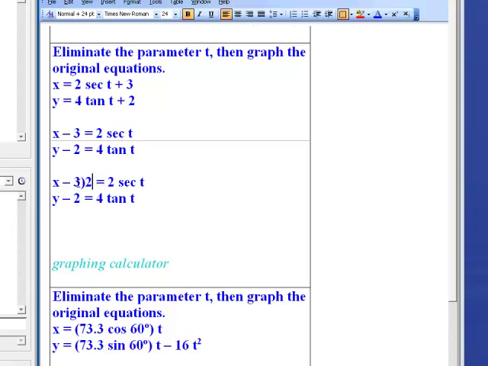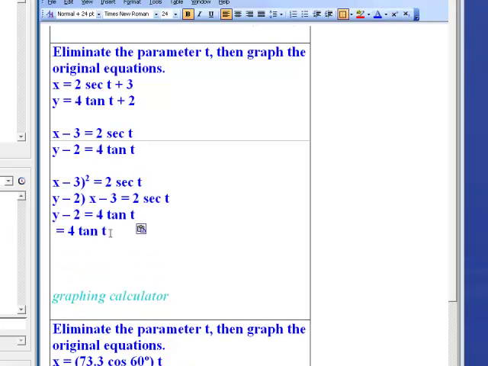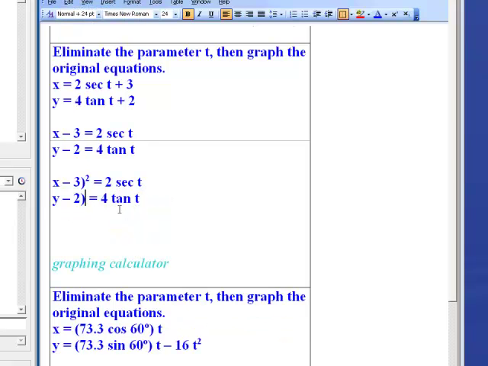I don't think I could have shortened that in any case, unless I would have typed everything ahead of time. So square the left-hand sides, square the right-hand sides where we will have a 4 here and a 16 here, and secant squared and tangent squared.